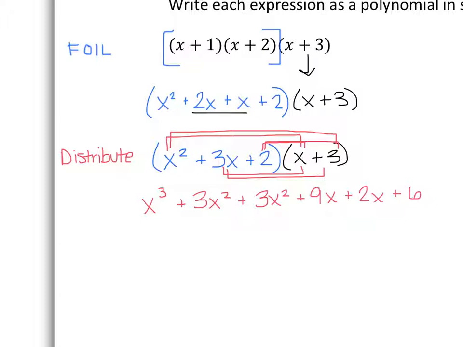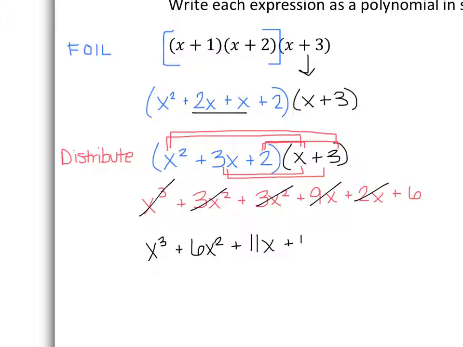Okay, now we need to make sure we've combined all like terms and that it's in order. So what needs to come first? What's the highest degree? The x cubed. Yeah, so x cubed comes first, so don't worry about that. Now we need the x squared put together. So that's 6x squared, good, plus 11x, good.